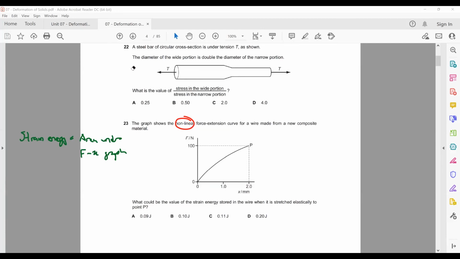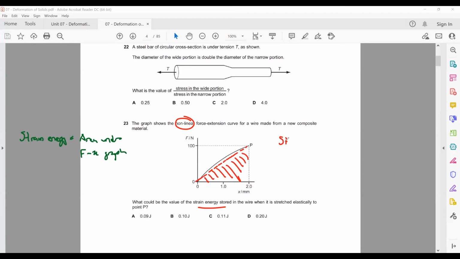So what is the value of the strain energy stored in the wire when it's stretched? You will find the area under the graph, but you're limited in the sense that this is not a uniform shape. It's not an exact triangle. It's a curve, so you do the best you can. Imagine that there is a triangle here, from here to here. You try to find this part first.